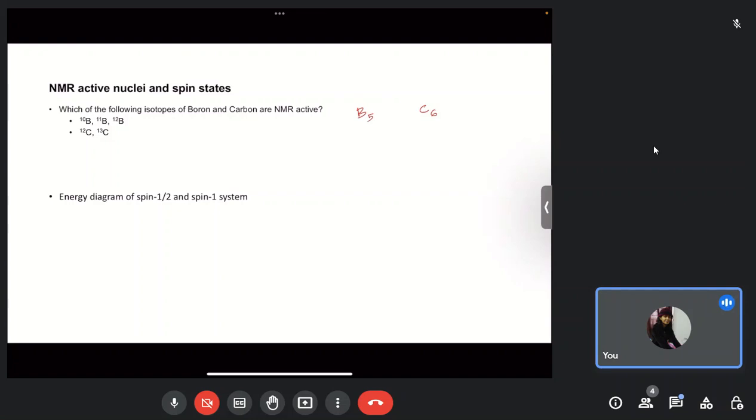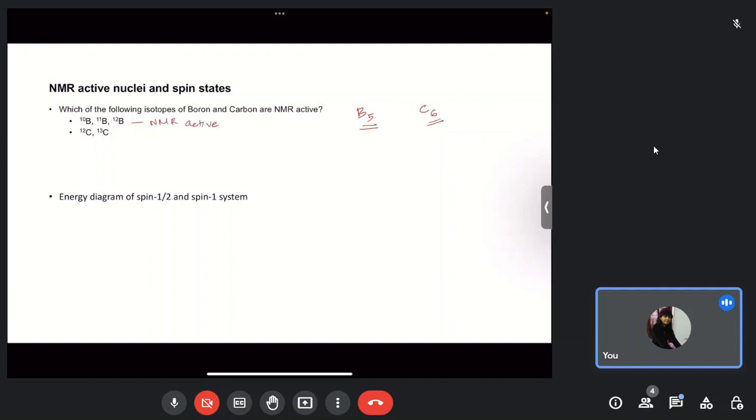In the class, we have been told that whichever nuclei has an odd atomic number, all its isotopes, irrespective of whether the mass number is odd or even, are going to be NMR active nuclei, right? In case we have an even atomic number atom, then if the mass number is odd, the nuclei is NMR active. So in case of boron isotopes, all these isotopes are NMR active.